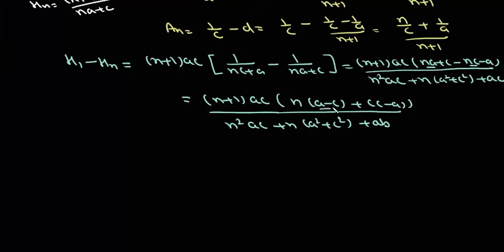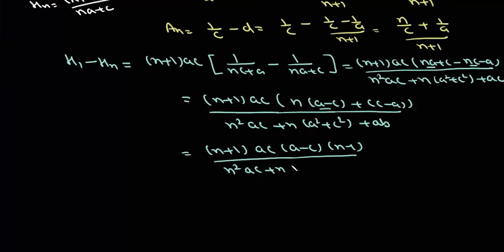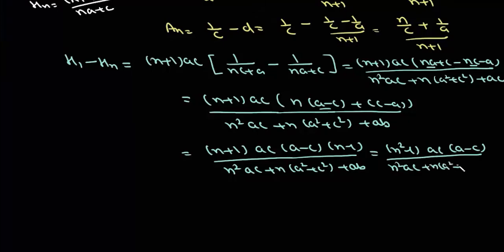Now we'll take a minus c common, so we'll get n plus 1 ac into a minus c, and here will be this n minus 1 upon n square ac plus n a square plus c square plus ac. Now this is a plus b into a minus b, so we can write this as n square minus 1 ac into a minus c upon n square ac plus n a square plus c square plus ac.